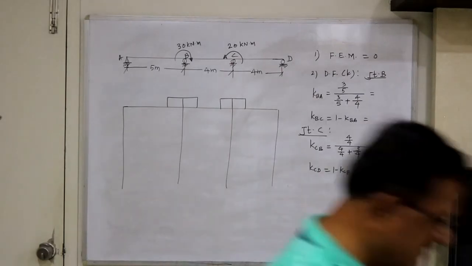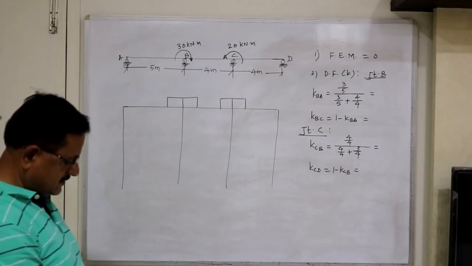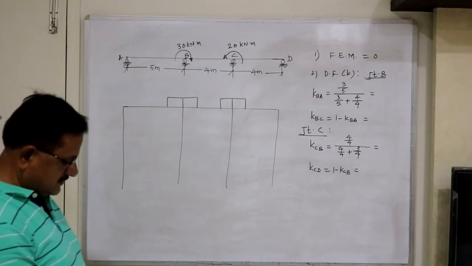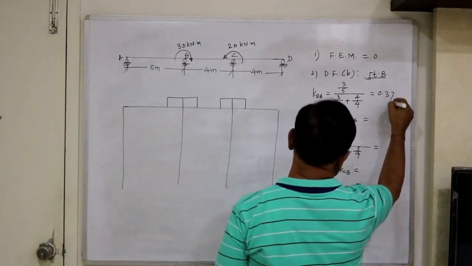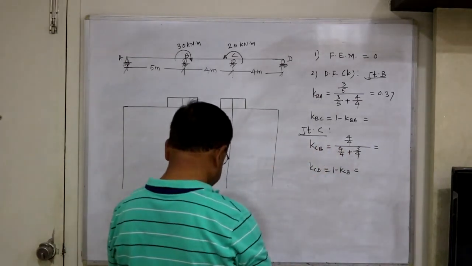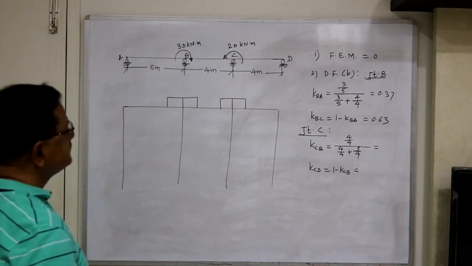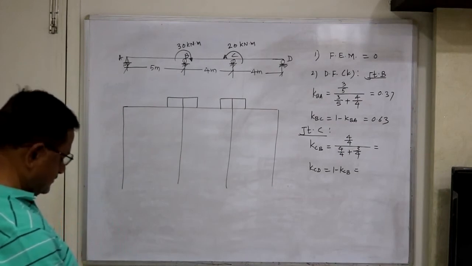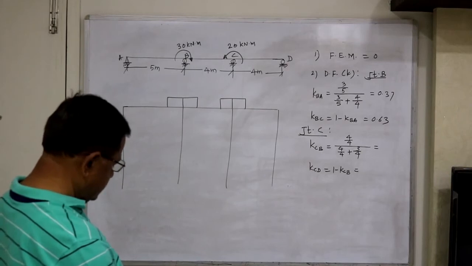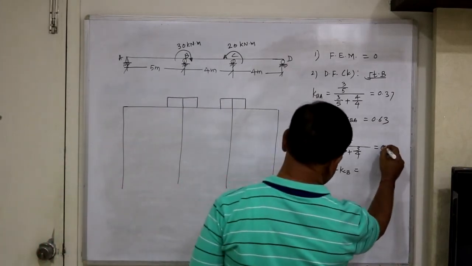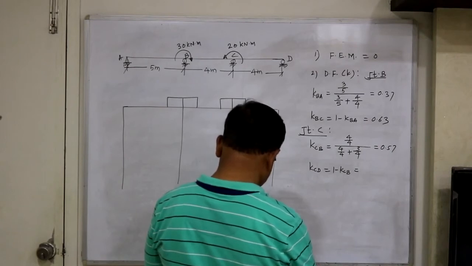If you want to check the calculation part, say here the distribution factor is 0.37, and this is 1 minus 0.37, 0.63, and here it is 3 by 4, 1 divided by 1.75, say this is 0.57, so 1 minus 0.57, 0.43.